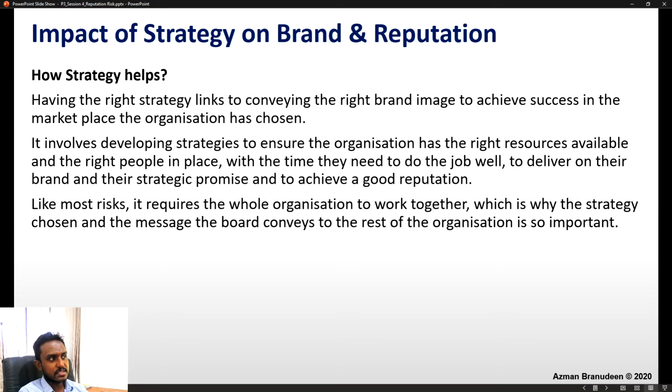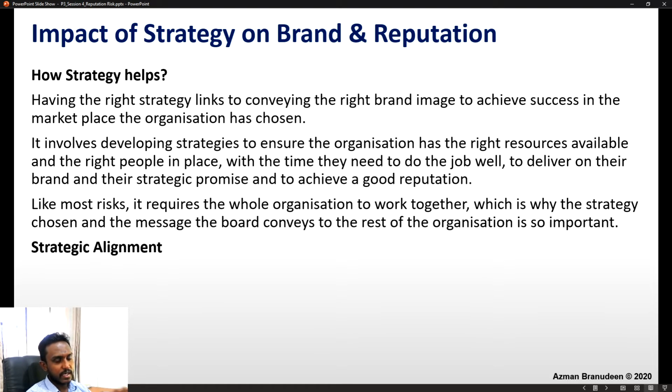Like most risks, it requires the entire organization to work together, which is why the strategy chosen and the message the board conveys to the rest of the organization is so important. Because that collective effort and the collective consciousness about the reputation has to be there.